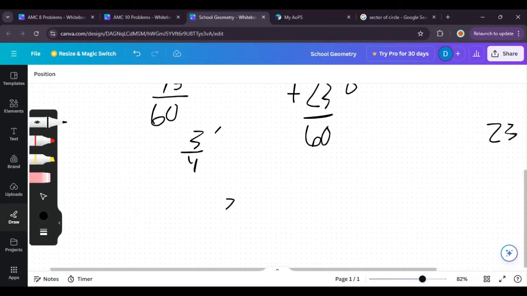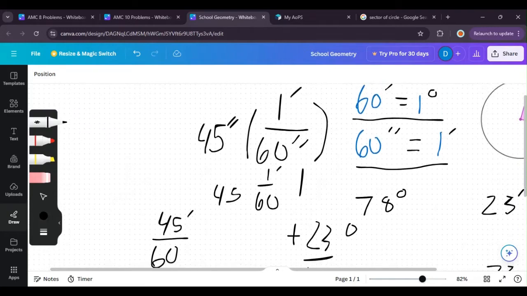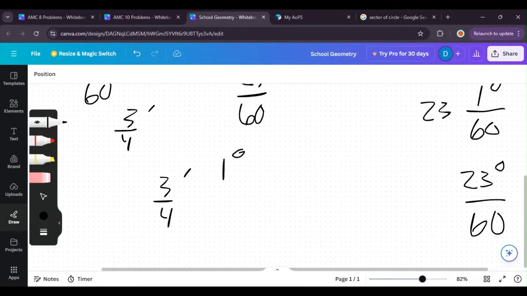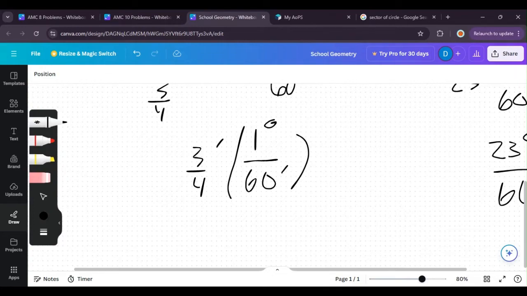So we have 3 over 4 minutes times the conversion factor, which is just 1 degree over 60 minutes, and we can cancel the minutes and get what we want in degrees.